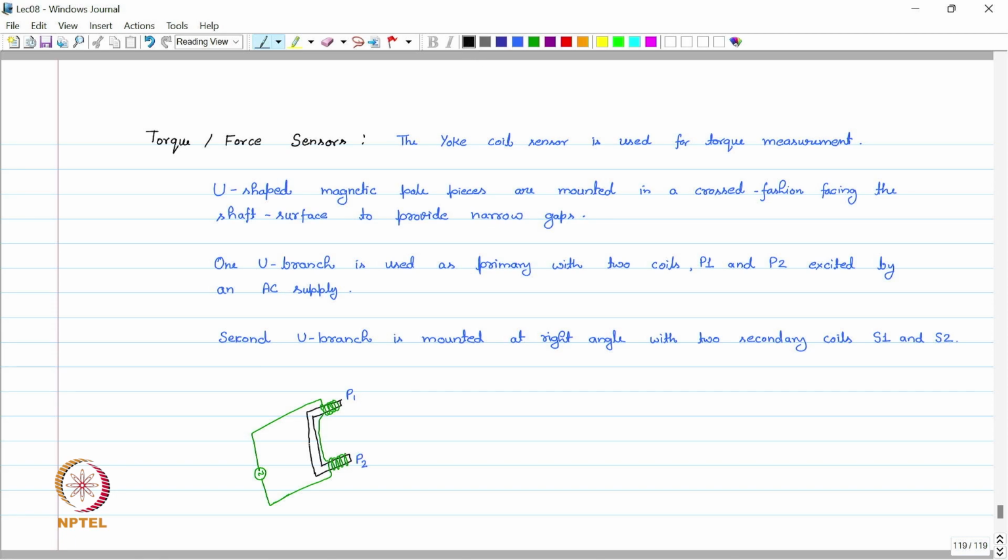And we have a secondary U-shaped piece which is, let's say, perpendicular to this. This is the secondary winding. This will pick up the flux generated by the primary, which we can measure using some voltmeter or so. And these secondary windings are, let's say, S1 and S2.